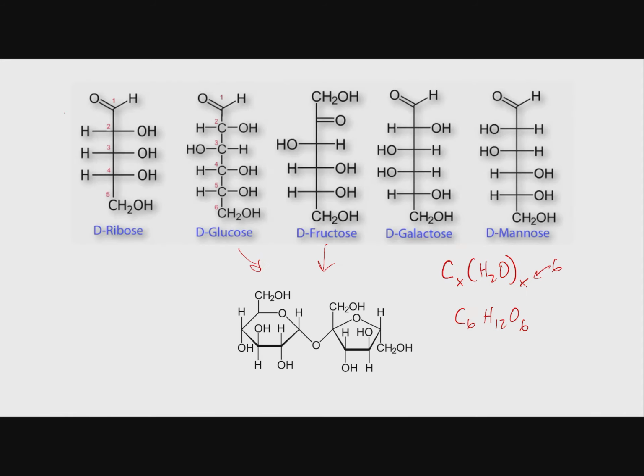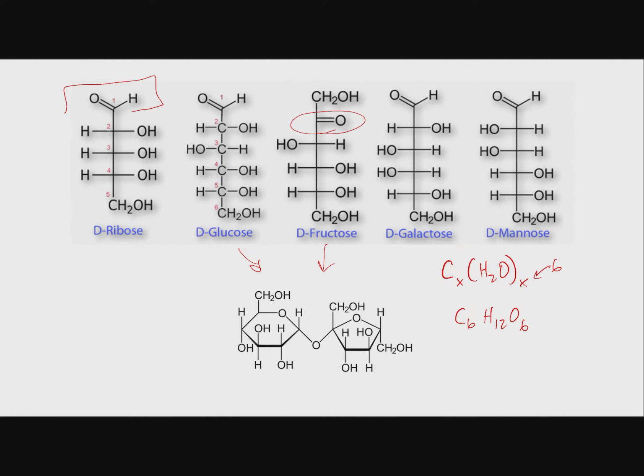Now, all of these sugars, but one, exist as an aldehyde. If you remember your organic chemistry, the aldehyde is the H directly attached to a carbonyl carbon. All of these except for fructose. Fructose and some other lesser known sugars are ketones, and they have a ketone group. Again, a ketone group here on fructose.